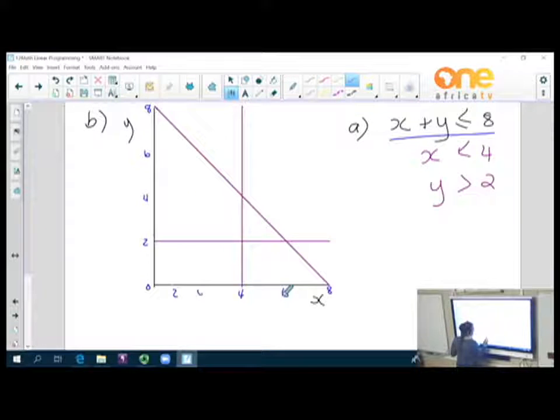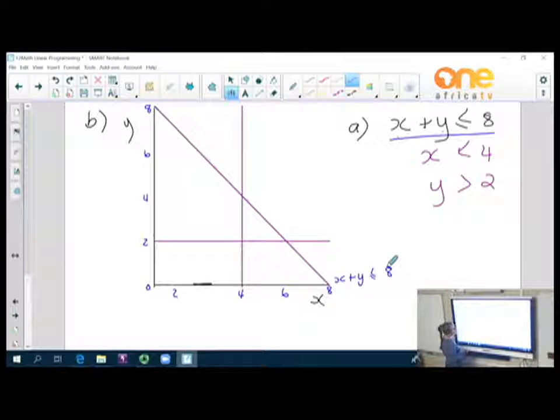So what happens is you have x plus y is less than or equal to 8. So you cannot have more than 8 animals. So this line is x plus y is less than or equal to 8.